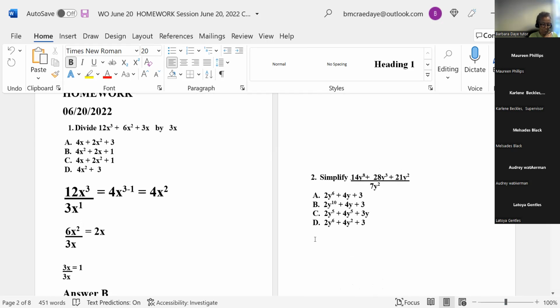Okay, I'll put it down anyway. 14y to the 8th. Let's just take that and divide that by 7y to the 2nd.